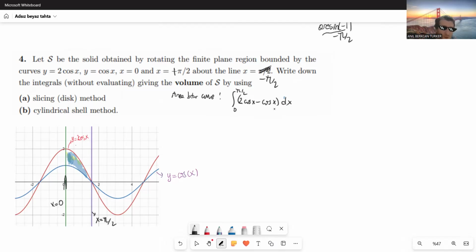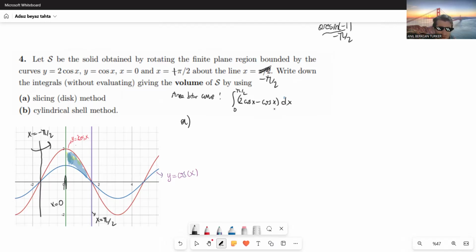So we are going to rotate it around this axis, x equals minus pi over 2. I changed the question a bit because I misread it. Sorry. So let's solve A. I'm gonna rotate this around minus pi over 2.